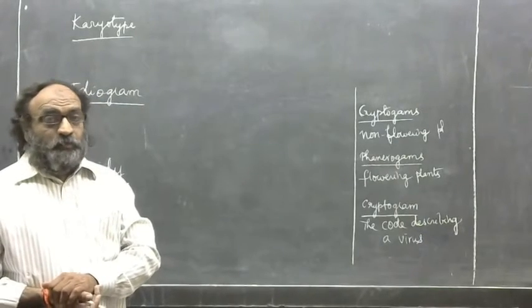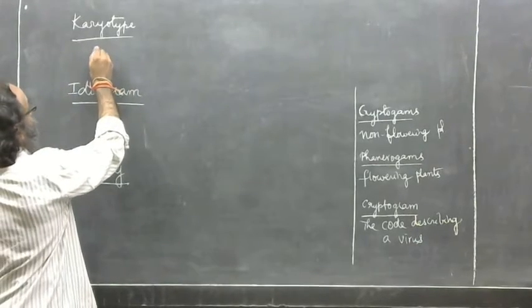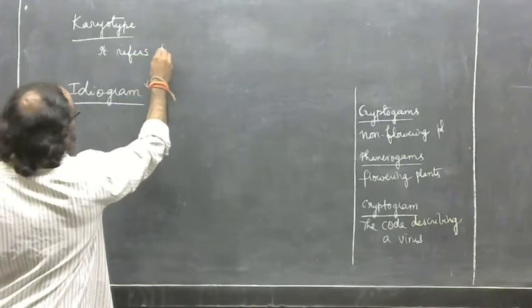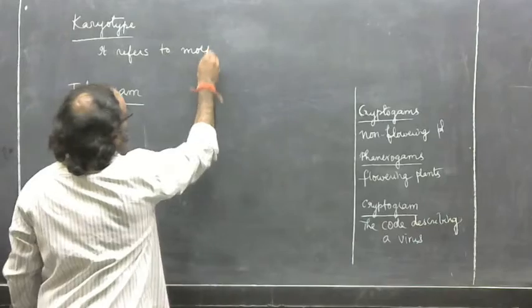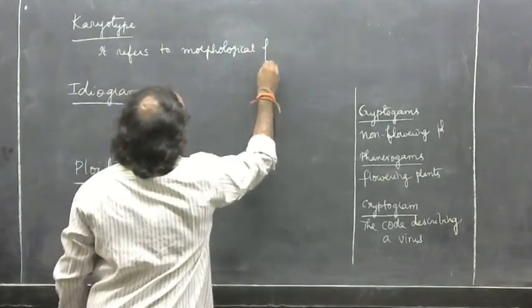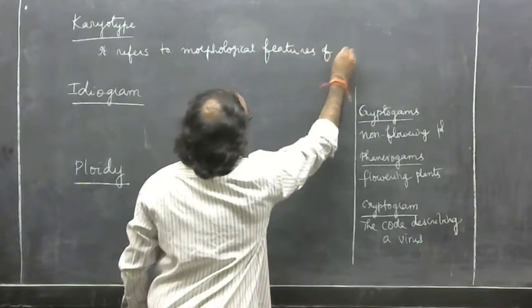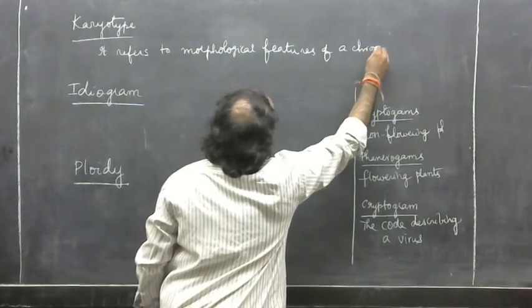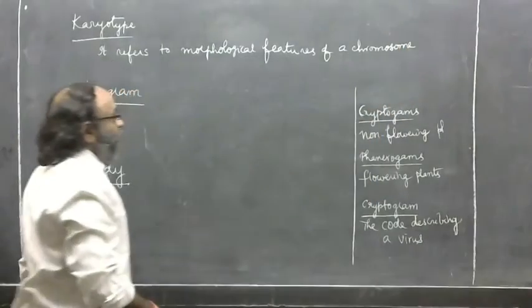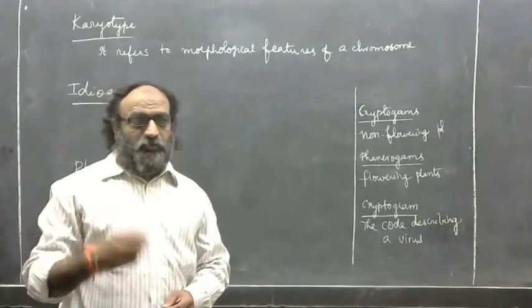So karyotype refers to the morphology of a chromosome, the morphological features of a chromosome.